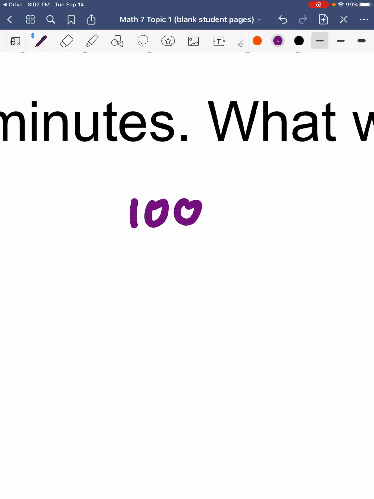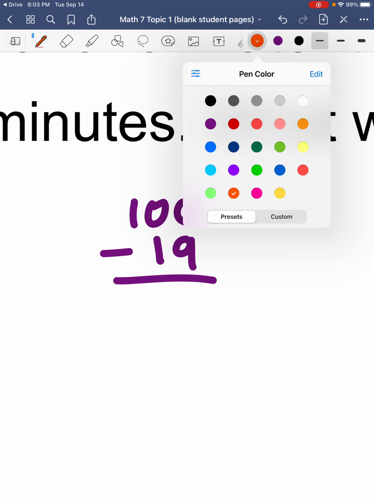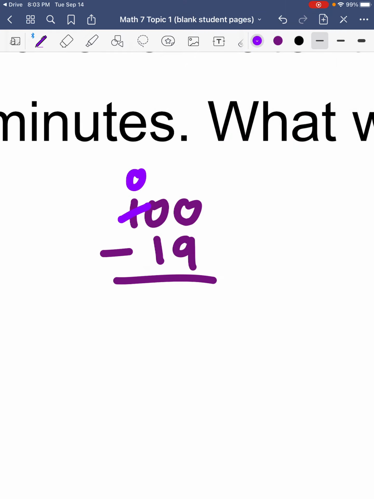So 100 minus 19. Now I can't take 9 away from 0, so I am going to borrow. So this 1 becomes a 0, this becomes a 10 that then becomes a 9, and this right here becomes a 10. So 10 minus 9 is 1, 9 minus 1 is 8.